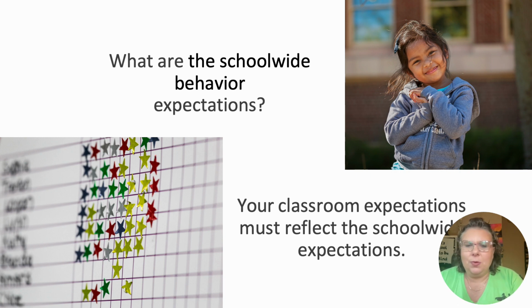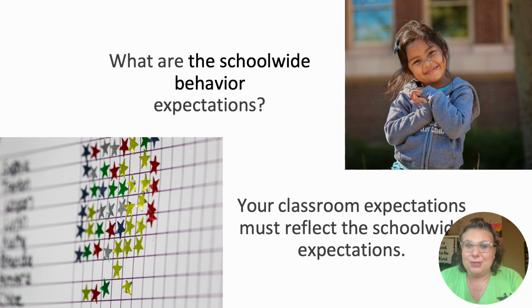And the two big questions here are, what are the school-wide behavioral expectations? And then how does your classroom's behavioral expectations match with that? How do they work together? If you are a program that is very much into things like the reward chart that we see here, then you need to be doing that in your classroom as well.